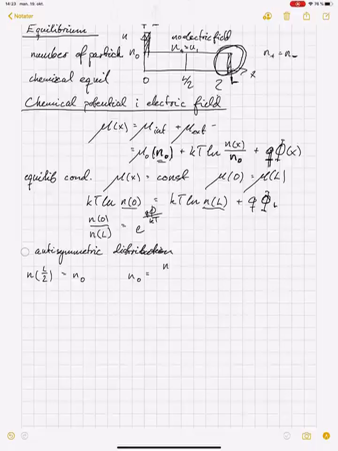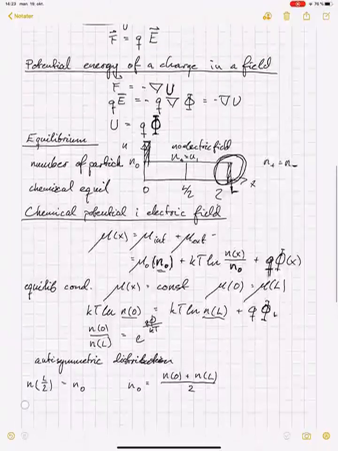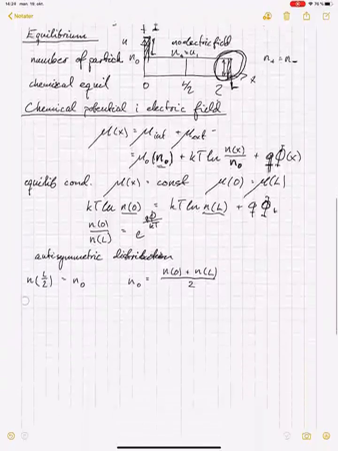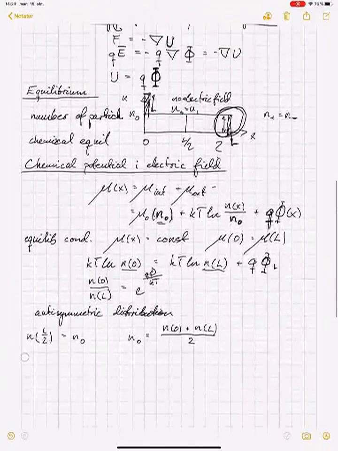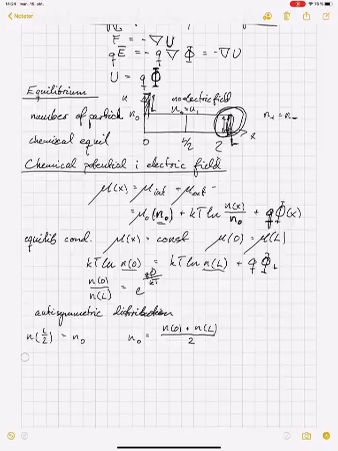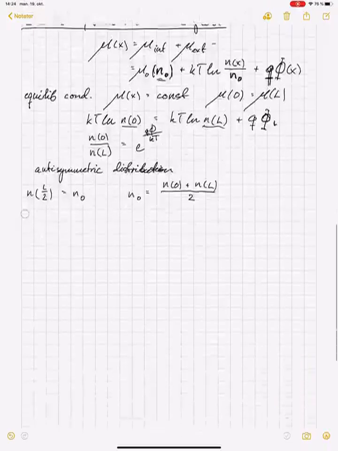The concentration at each side should have the same deviation from the average concentration, so that the height of each of these peaks here should be the same. It should be absolutely anti-symmetric. The amount of charges we are moving from one side has to match the amount of charges we are moving to the other side.